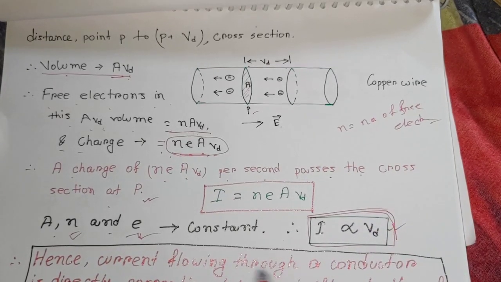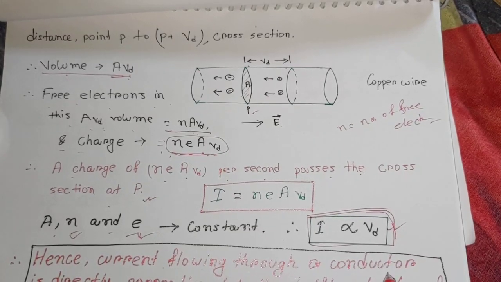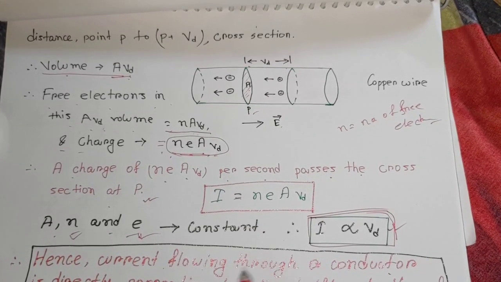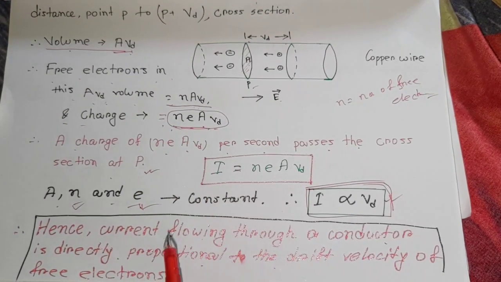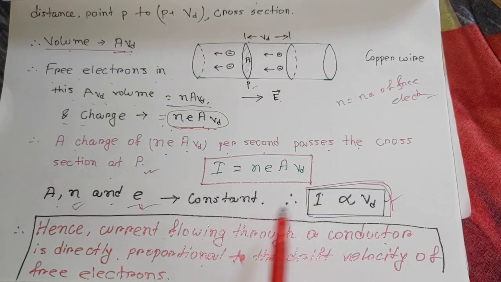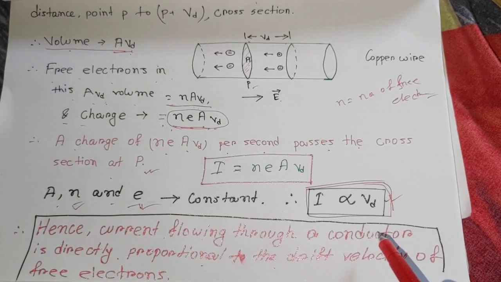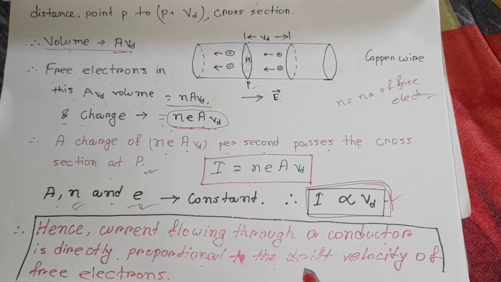Hence, current flowing through a conductor is directly proportional to the drift velocity of free electrons.